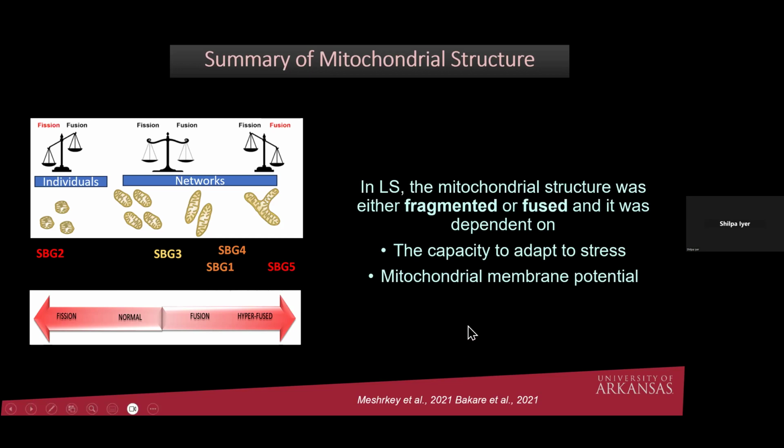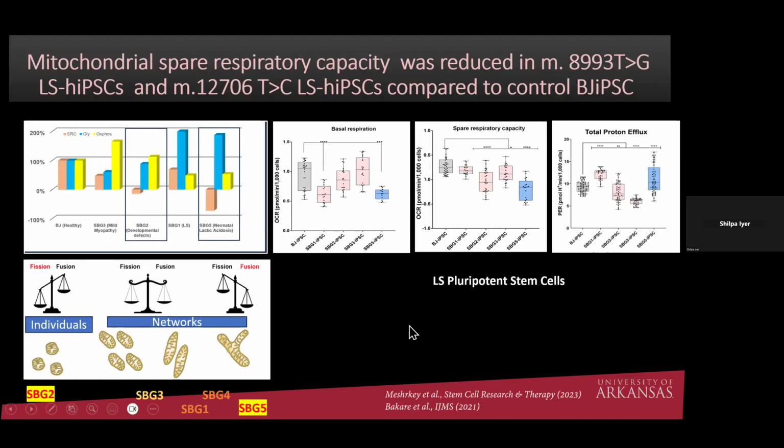We concluded that the shape of the mitochondria, whether fragmented or fused in Leigh's syndrome, was dependent on the capacity to adapt to stress and on the mitochondrial membrane potential. We measured the capacity to adapt to stress as the mitochondrial spare reserve respiratory capacity.